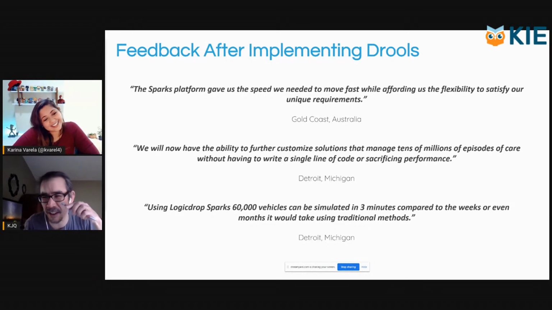I saw somebody in there, 80% cost savings is very strong. Again, I'm using a little bit of my own experience in building Drools, and I am not one that's fond of tools.